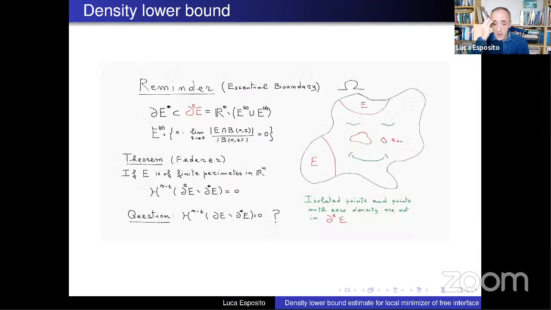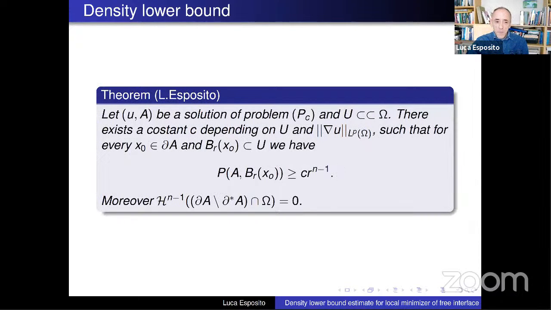And again, okay, this is the picture as before. And so we can answer to this question. The measure between topological boundary and the reduced boundary is 0. Okay.